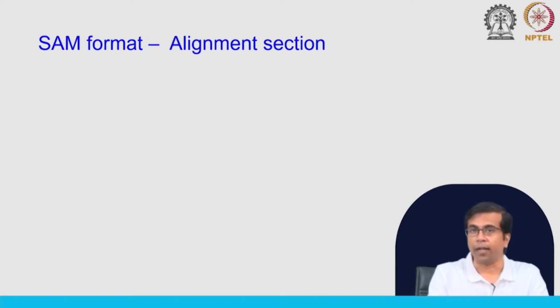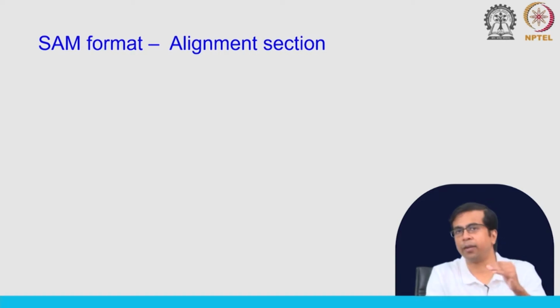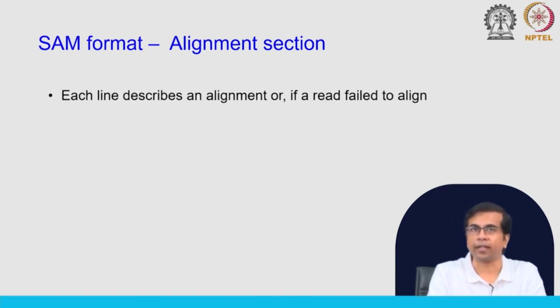So, in the alignment section you have multiple lines, as you have just seen, and each line describes an alignment for a read, or it will tell whether there is a failure. If a read did not align, the alignment section will also say that.